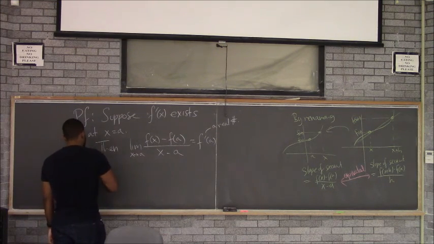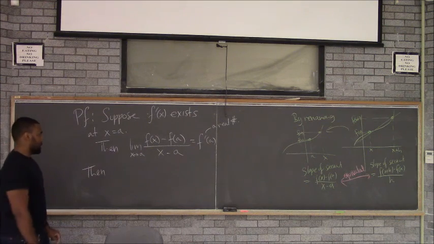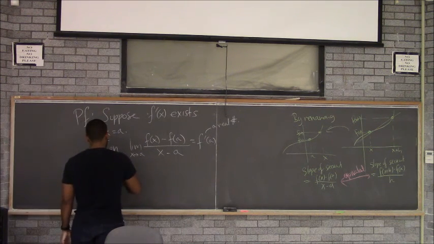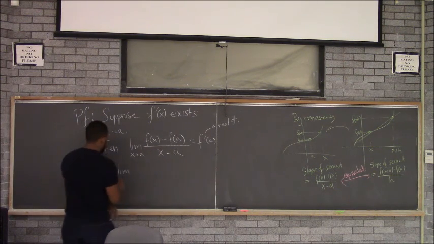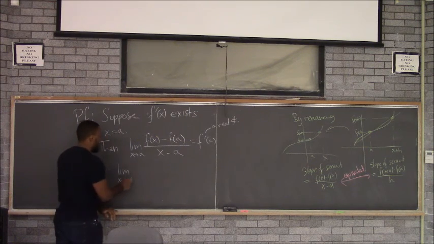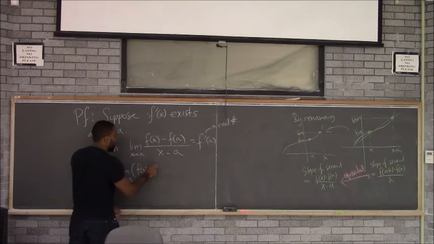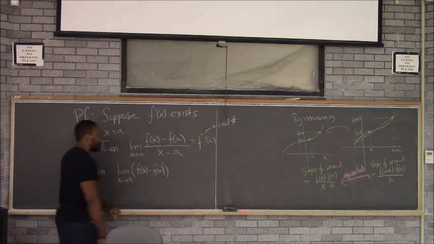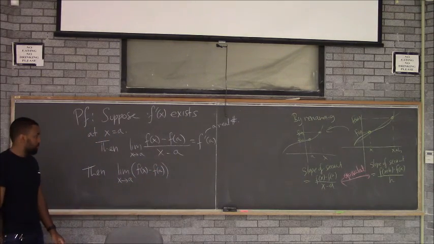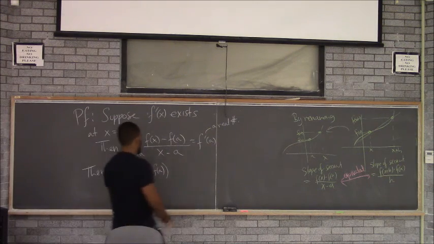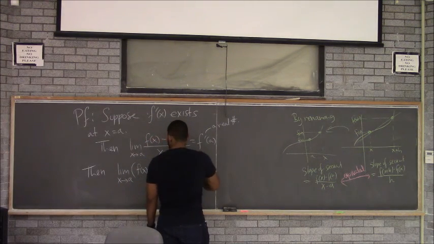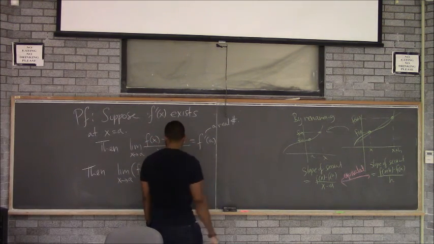Then, let's say I look at the limit as x approaches a of f of x minus f of a. Okay, let's say I wanted to find that limit. This is going to be equal to the limit as x approaches a.